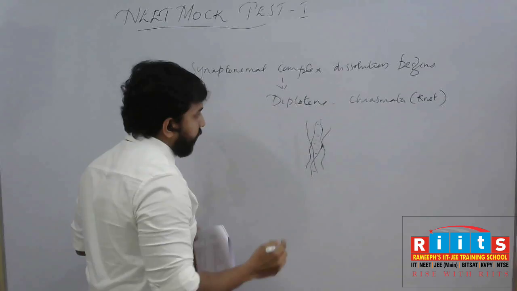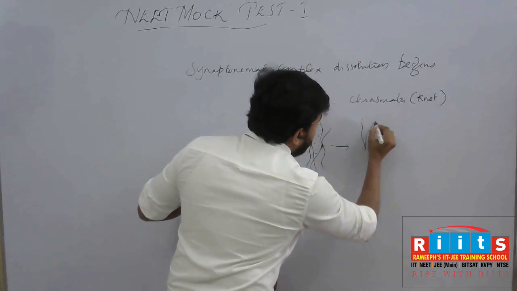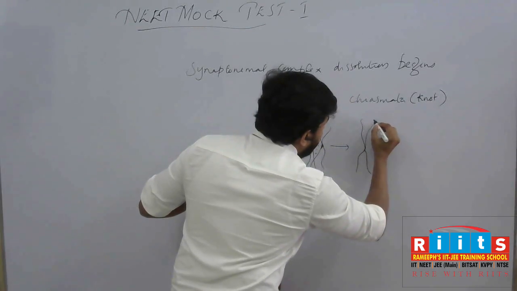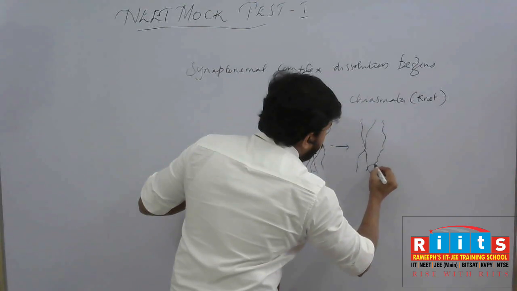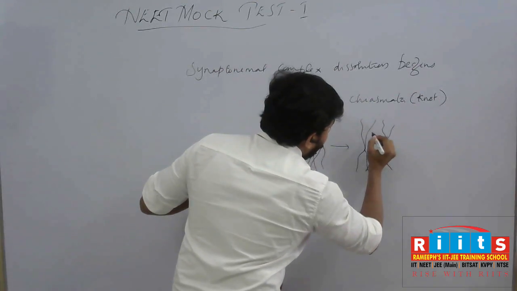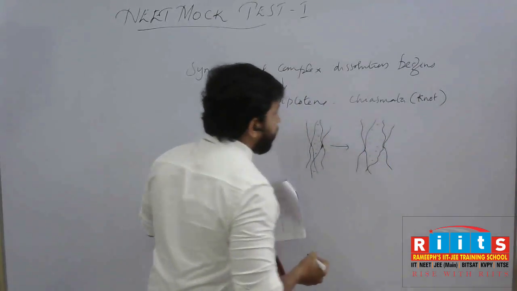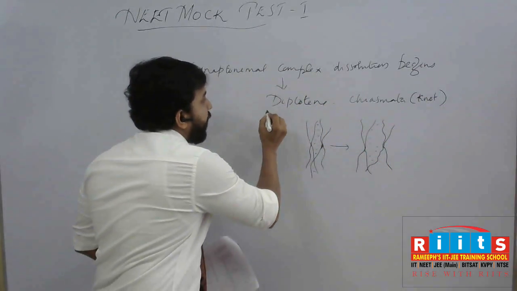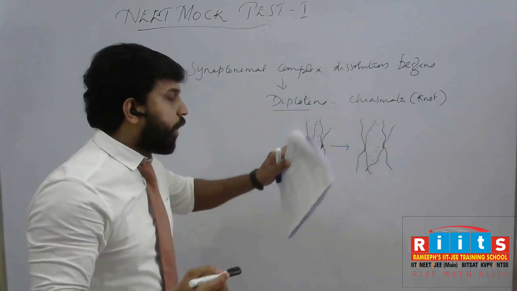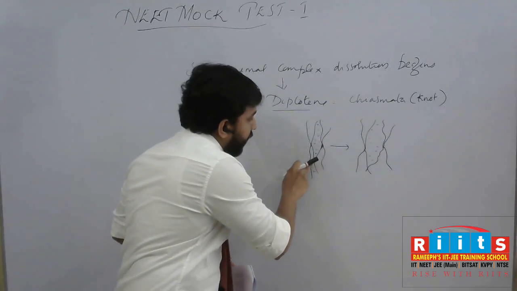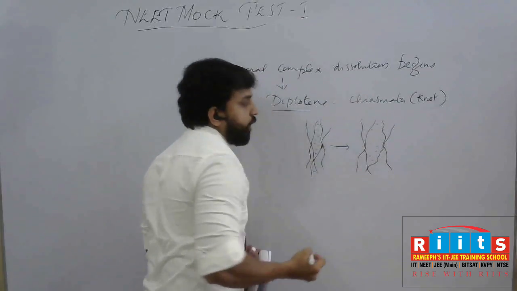After the crossing over, it starts dissolution, and this takes place in diplotene. Terminalization also begins: the crossing over takes place in this region, but it starts moving to the terminal region.